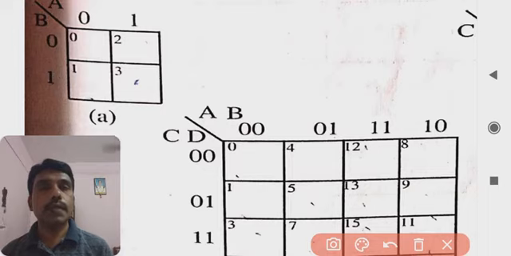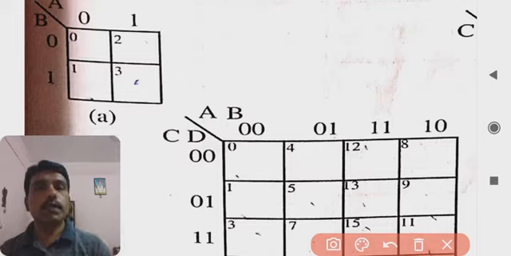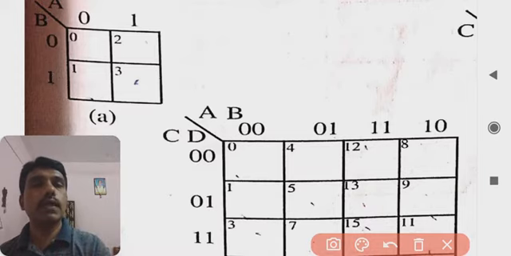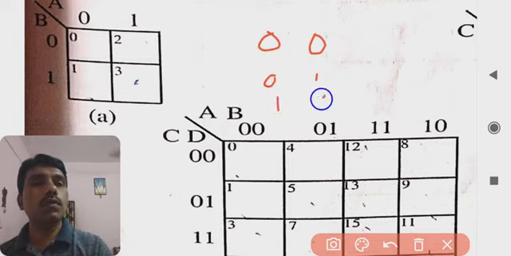cell or K map, which is completely in a gray code system. That's why it has this type of structure, with A having 0 1 values, and B having 0 1 values. As the number of inputs is 4, the possibilities are 4: 0 0, 0 1, 1 0 and 1 1.